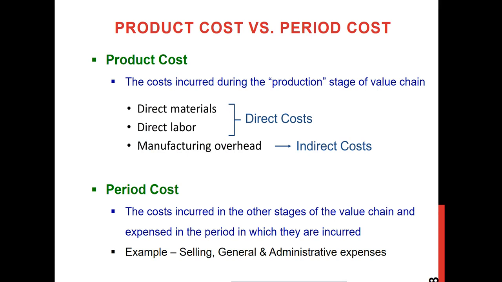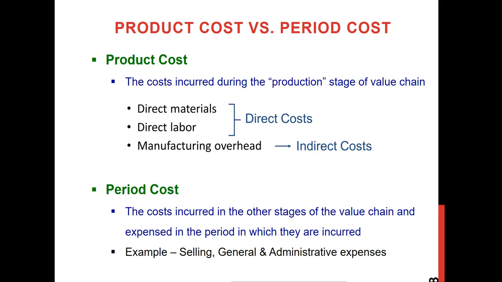Now, we will see details about all those costs, but there is another classification. We call it period cost. Of course, these types of costs are valuable, they add value to your product, and are required to manufacture a product.